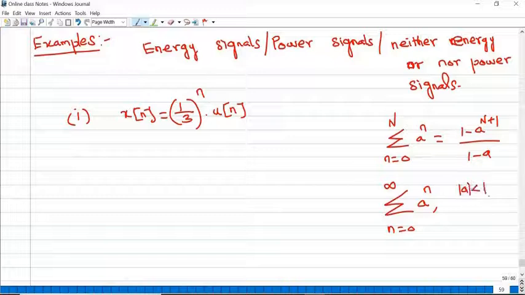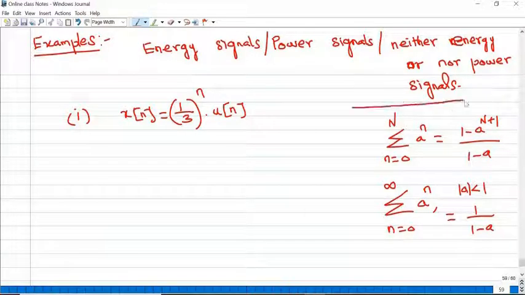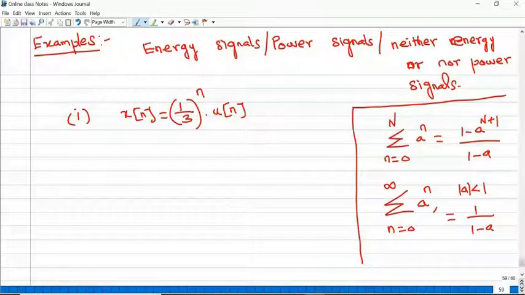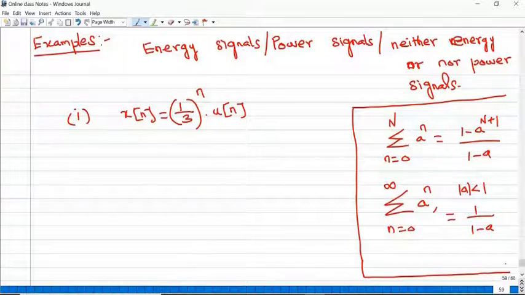This is very important. The a is less than 1. Then the formula is 1 divided by 1 minus a. These two formulas we often use for solving this energy and power.